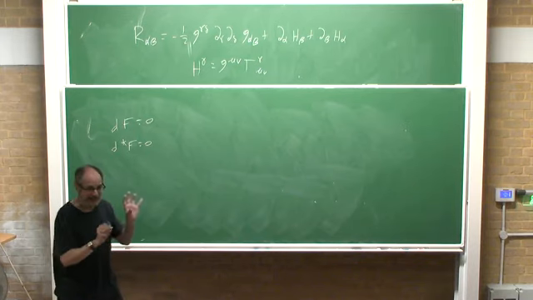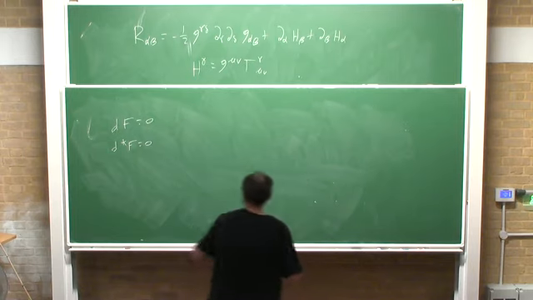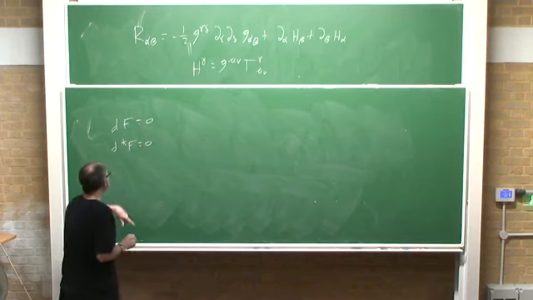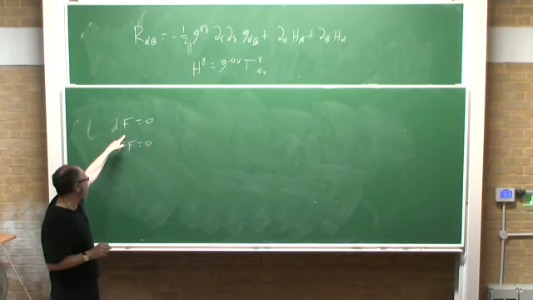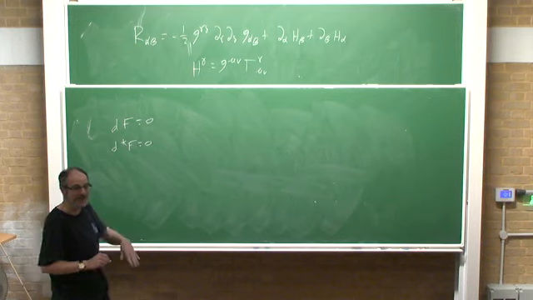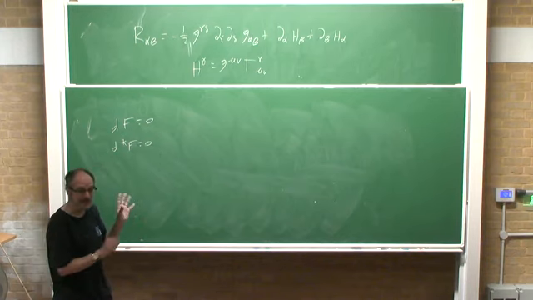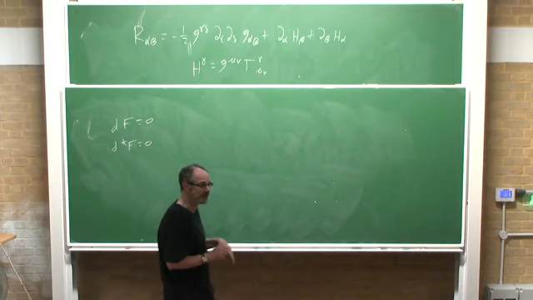One way of writing Maxwell's equations, outside of charges and currents, is to say that we have a two-form F that satisfies dF equals 0, and it also satisfies d of star F equals 0. If there are charges and currents, they go on the right-hand side of this equation, but that won't matter for our purposes.